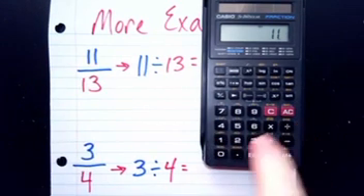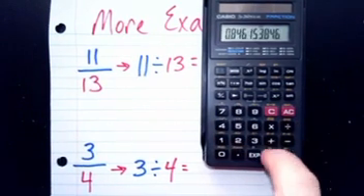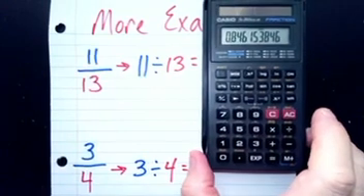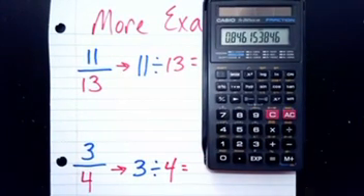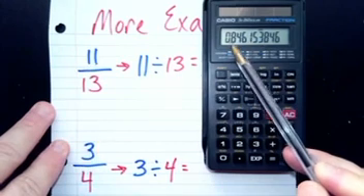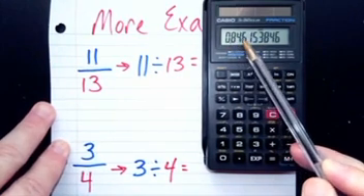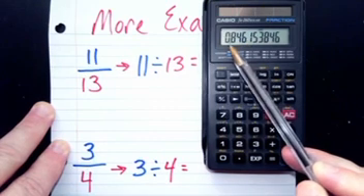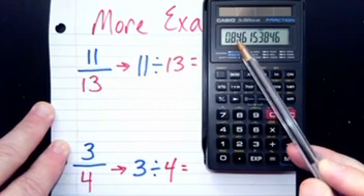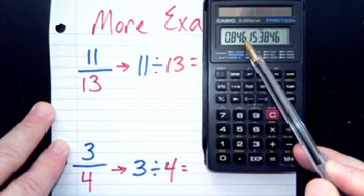11 divided by 13 equals, whoa, look at that decimal. Fraction to the decimal. Wow, that's a lot of numbers to the right of that decimal. So here you can see the decimal, 8461. I'm going to use the 3 values to the right of the decimal. That's tenths, hundredths, thousandths place.